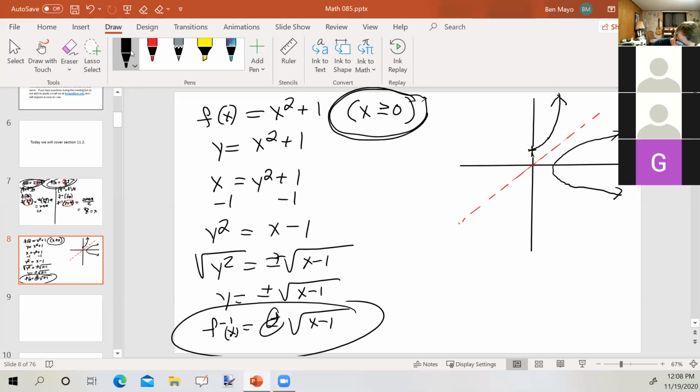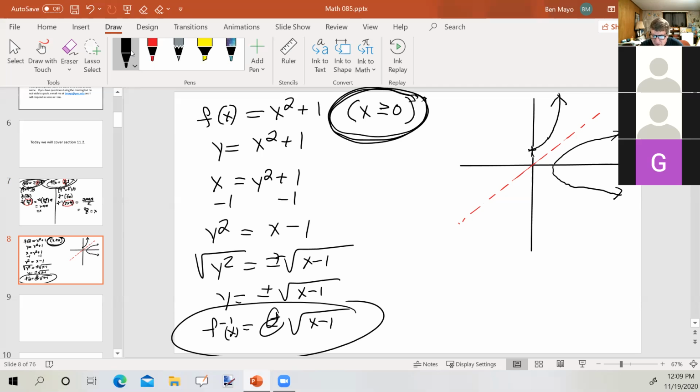This was a restriction on the domain of f of x, right? It said that x had to be greater than or equal to 0. Way back earlier, I said that the domain of a function is the range of the inverse, and the range of a function is the domain of the inverse. Do you remember that?